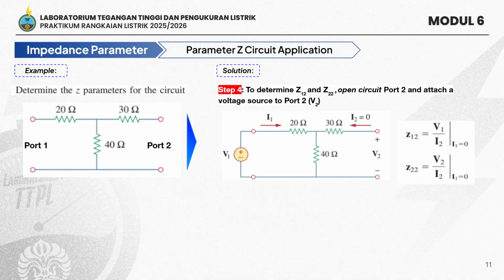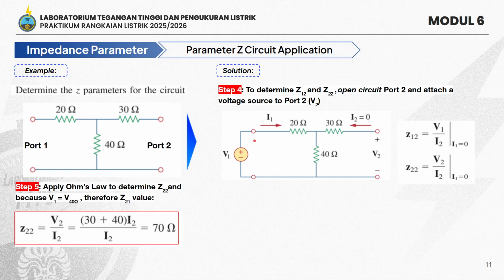And we can do the same thing for port 2 and port 1. This is quite wrong, because in this port 1, we have to open circuit it, and we attach a voltage source in port 2, and basically we just do the same thing from the third step earlier.